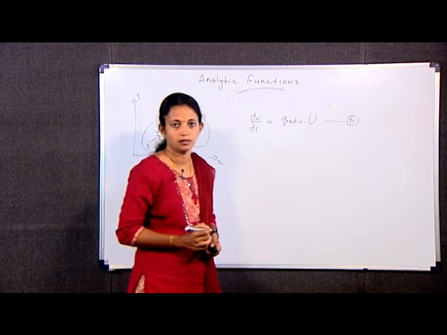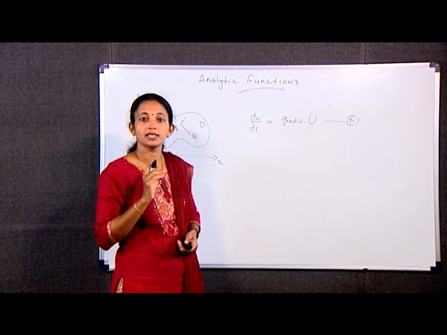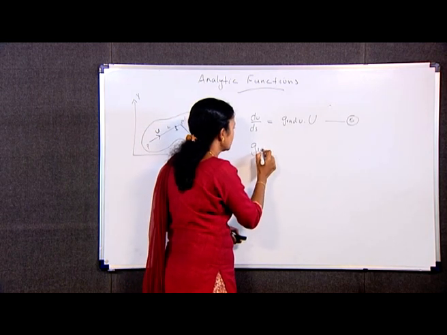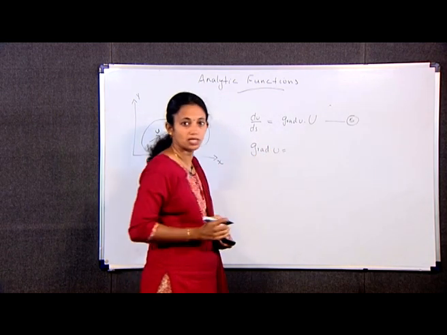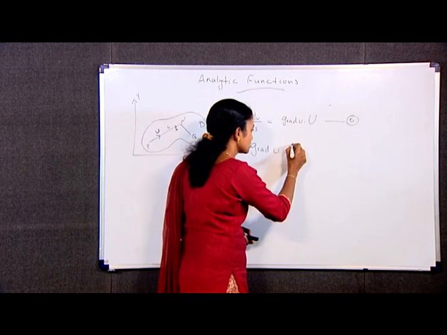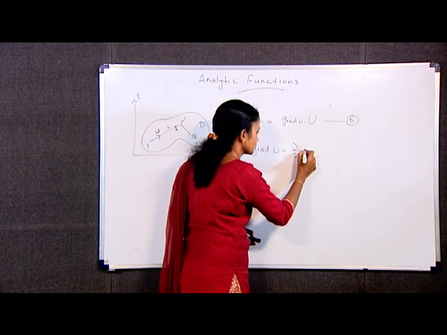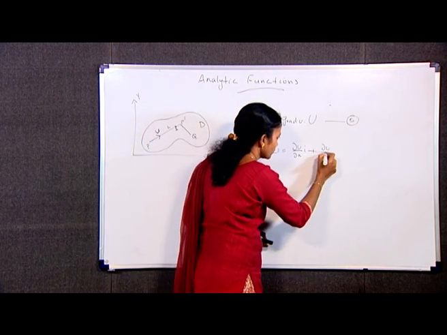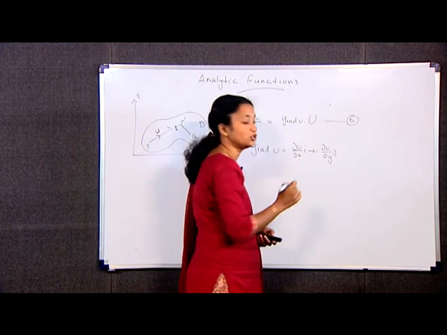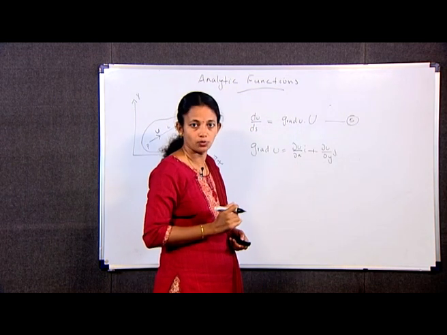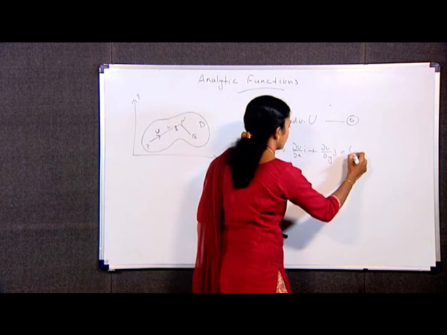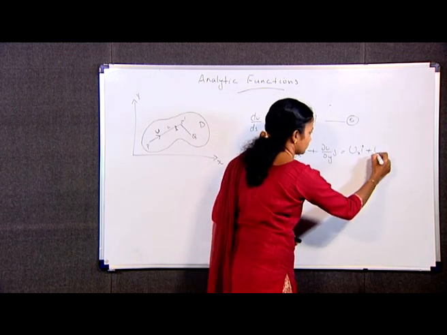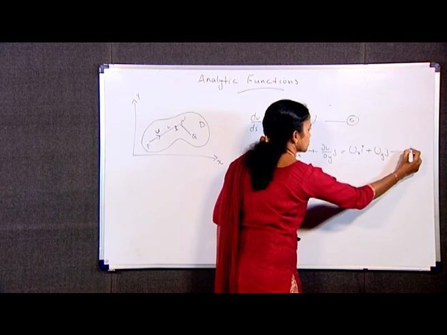From calculus, grad u is the gradient vector, which is equal to dou u by dou x into i plus dou u by dou y into j, which is equal to ux i plus uy j. Mark it as equation number 6.